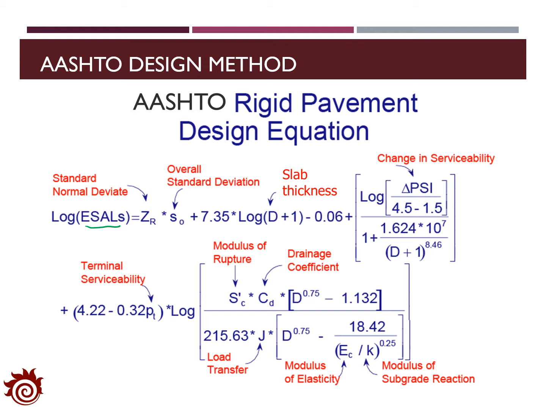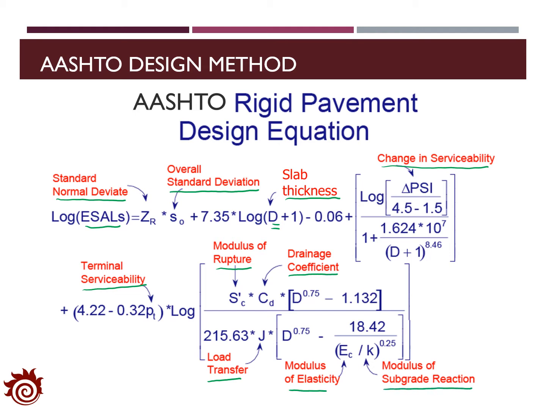Generally, the value of ESAL is a function of the standard normal deviate ZR, the overall standard deviation S0, the thickness of the PCC slab, which is a capital D, the changes in serviceability, delta PSI, terminal serviceability PT, modulus of rupture, drainage coefficient CD, load transfer coefficient, modulus of elasticity, and modulus of subgrade reaction.